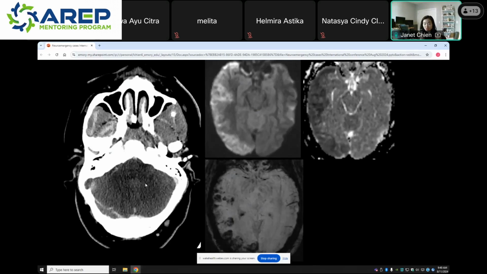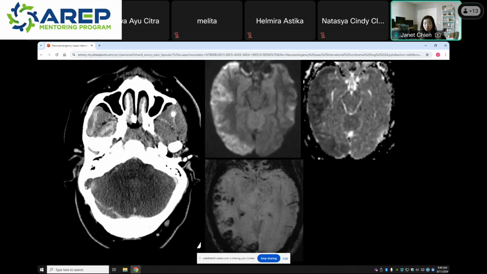And then we got a CTA, and you can see there's actually a thrombus in the right transverse and sigmoid sinus. There's diffusion restriction along the right cerebral hemisphere, and there's hemorrhage. So she's developed venous infarct with hemorrhage related to the durovenous sinus thrombosis.